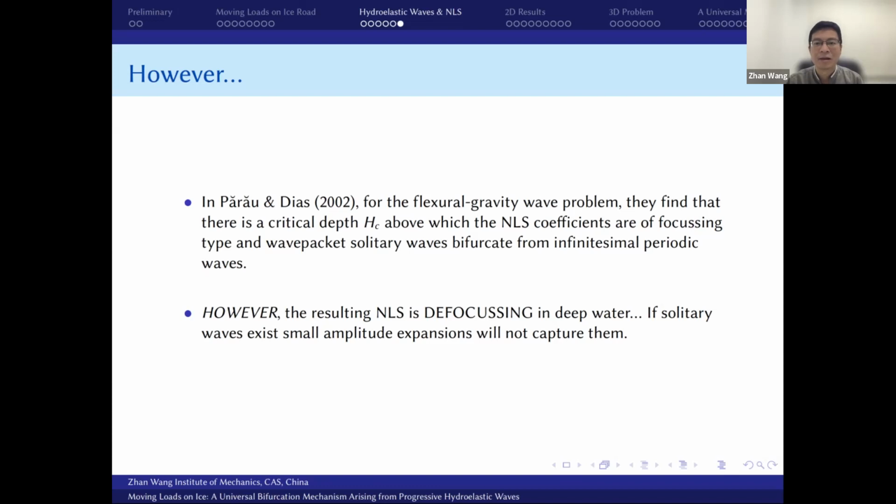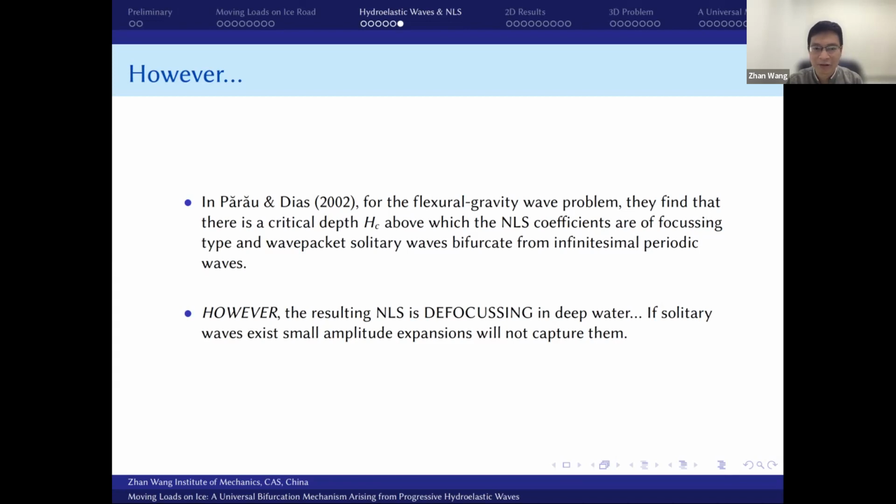That means they found that in shallow water, the NLS is focusing, and you can expect the wavepacket solitary waves as observed by the Japanese group in Lake Saroma. But in deep water, the NLS is defocusing. We are not allowed to have small amplitude wavepacket solitary waves.